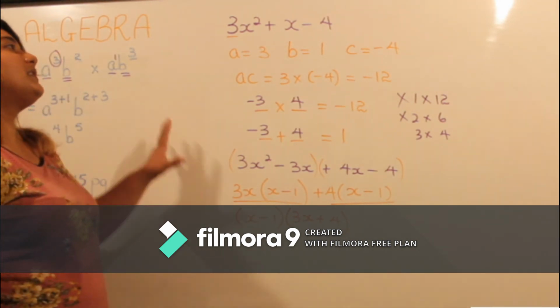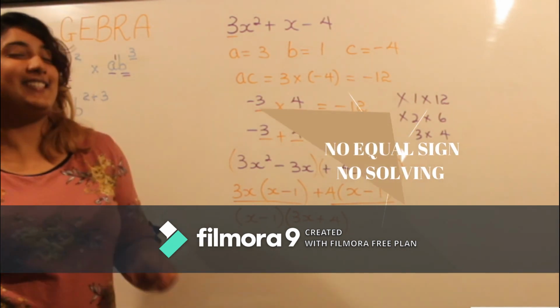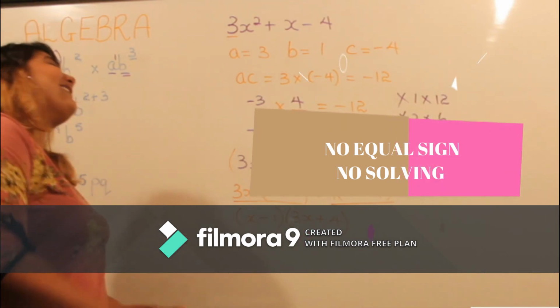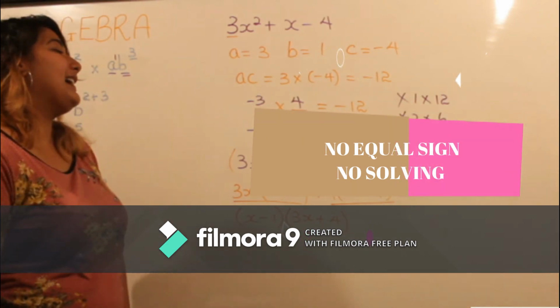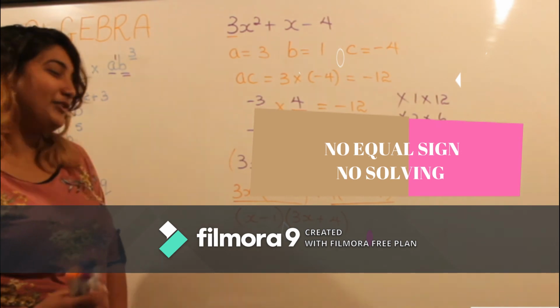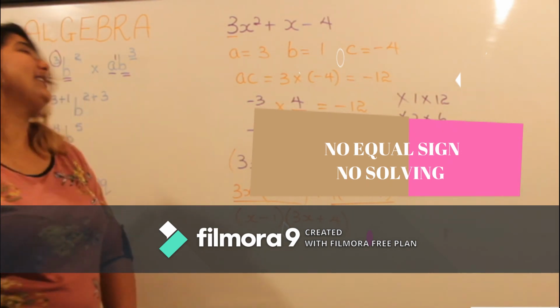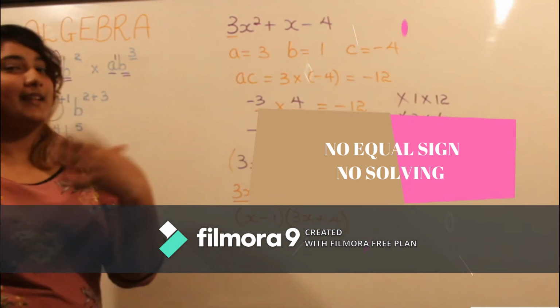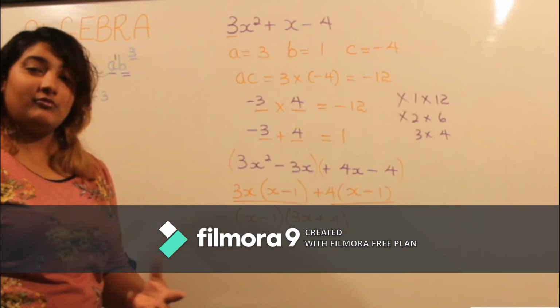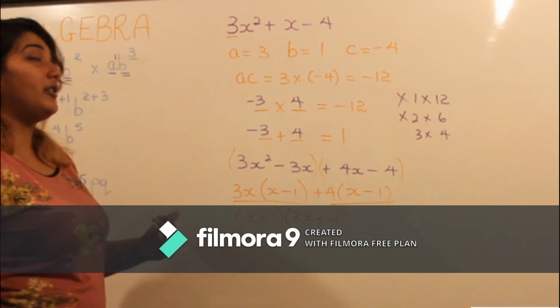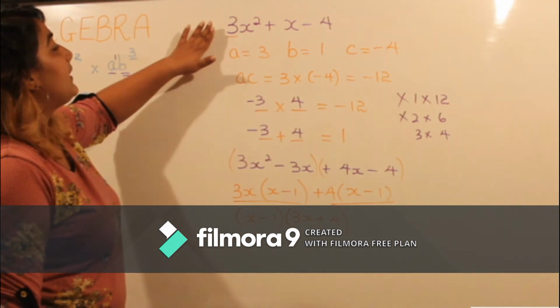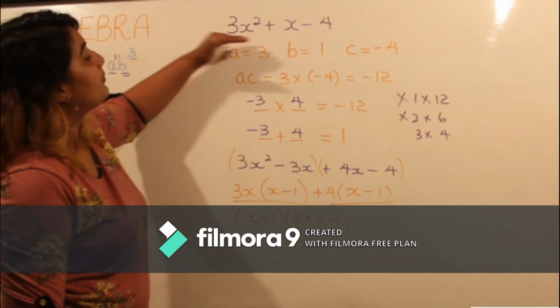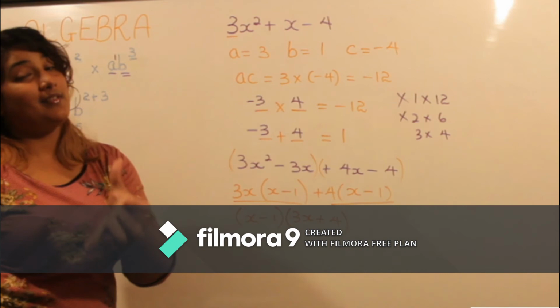Now, some people were so good at doing the factorization questions. If it was so easy, they went on further to solve for x, which was not required. Because if you look at this, just remember that elementary little principle you learned about algebra from the very beginning. Whenever you have expressions, there is no equal sign.